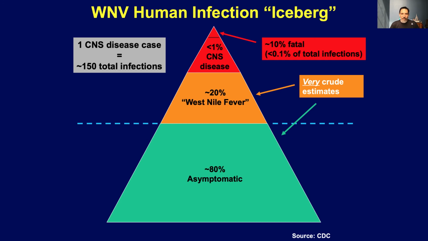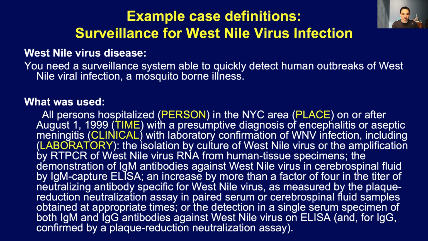And so you'll often see, as part of the case definition, not every single case of West Nile virus infection that's known, but the more severe cases, as a means of tracking the infection and achieving the goals of the surveillance system.